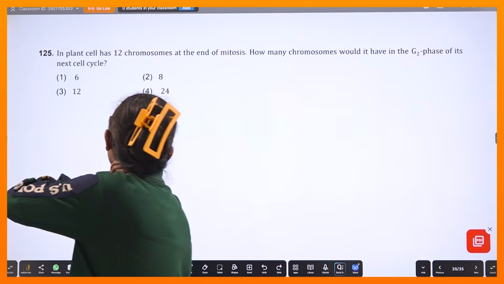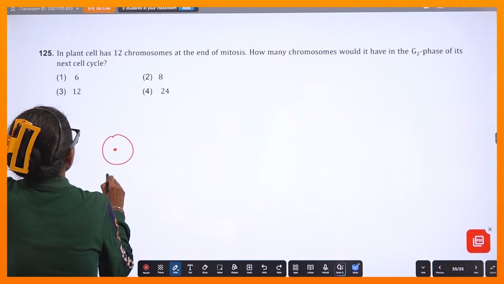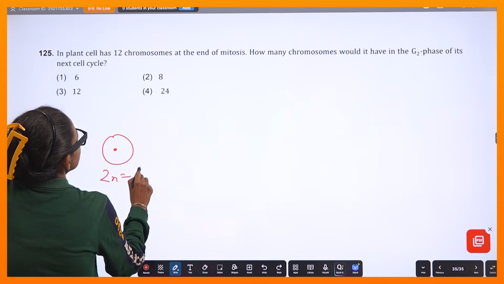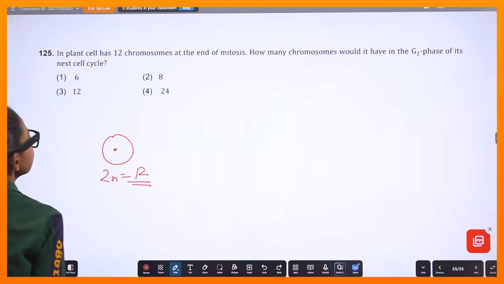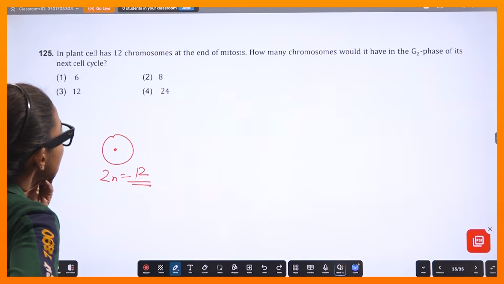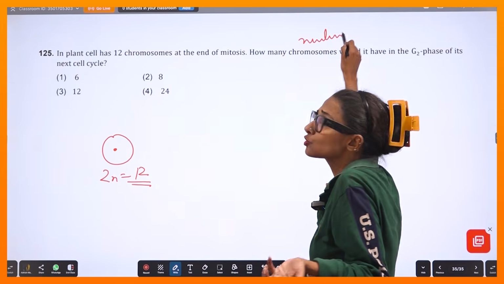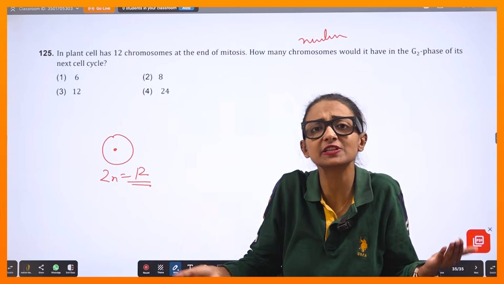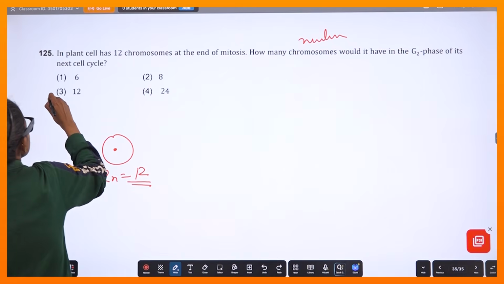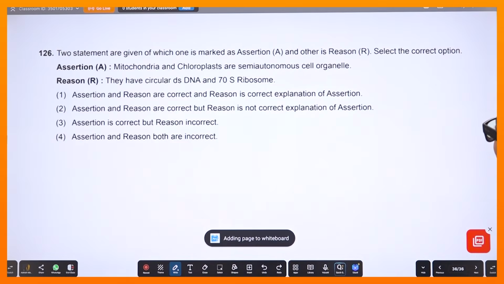So at the end of mitosis, it has 12 chromosomes. Oh, chromosome number they are asking. So chromosome number will never change, right? Only the DNA amount fluctuates. 12. Let's move on.